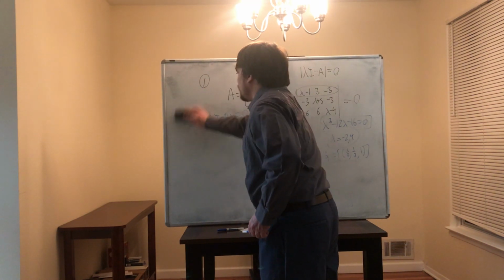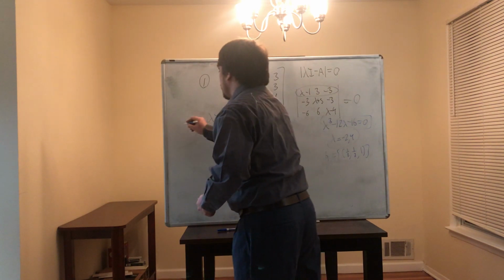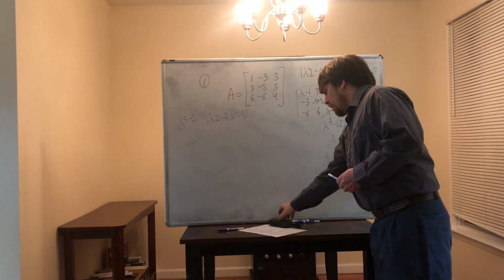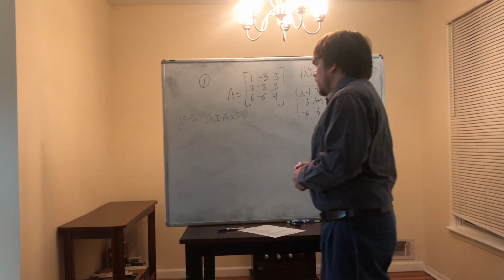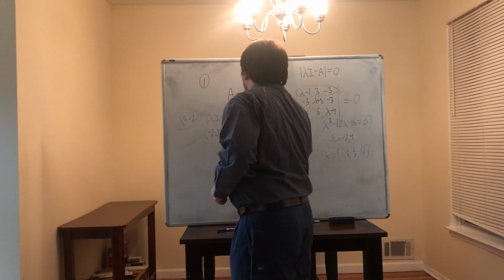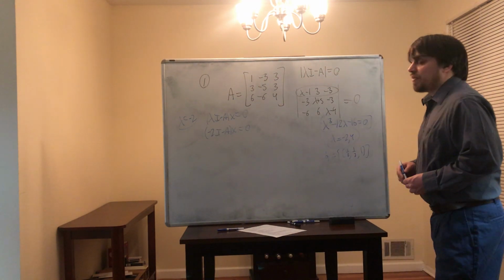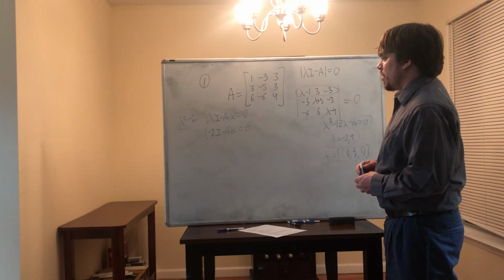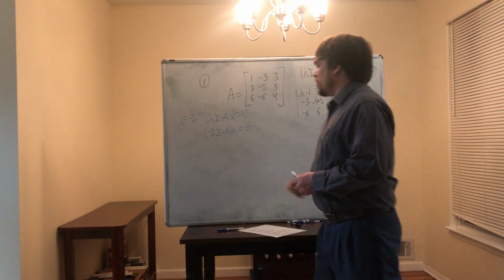Okay, so we're going to find a basis for the eigenspace corresponding to lambda equals -2. And so that would be -2I minus A times x equals 0. Well, the general solution of that equation would be the eigenspace corresponding to lambda equals -2.